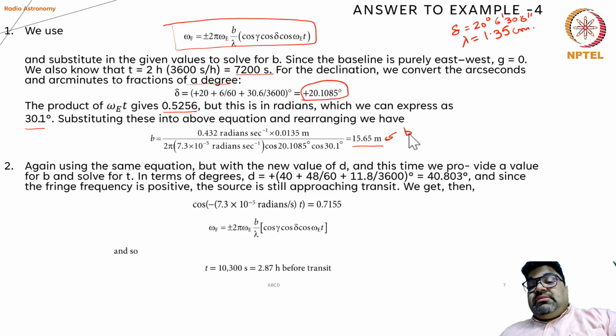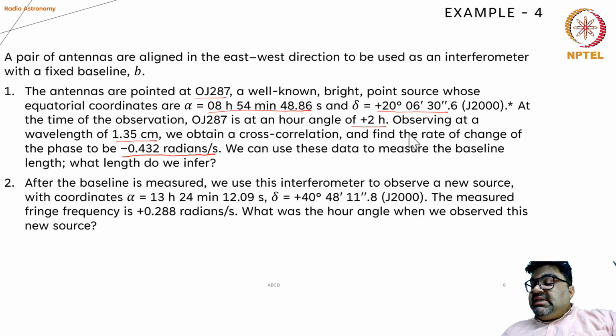Okay. The next question is, after the baseline is measured, we use this interferometer to observe a new source with coordinates alpha given as 13 hours 24 minutes 12.909 seconds and delta is plus 48 degrees 48 minutes and 11.8 seconds. The measured fringe frequency is given by this.